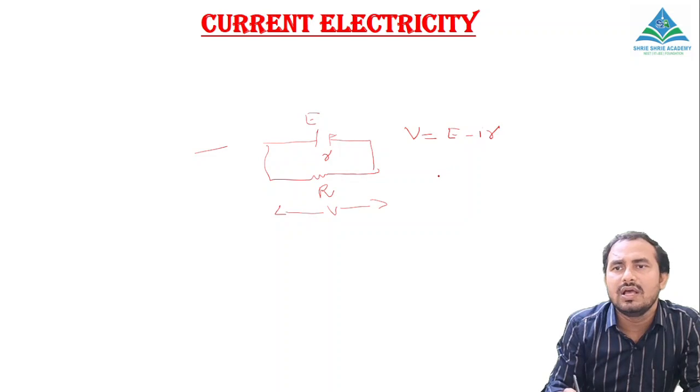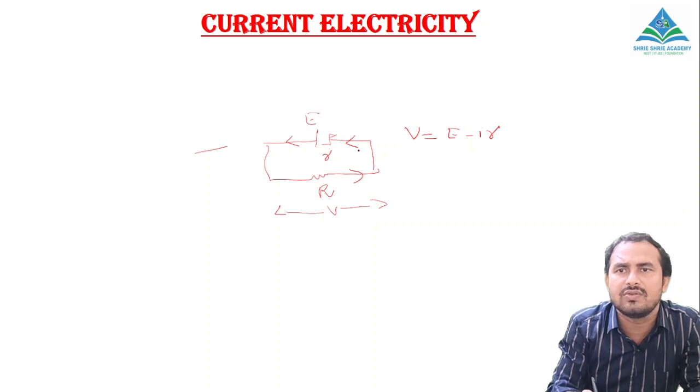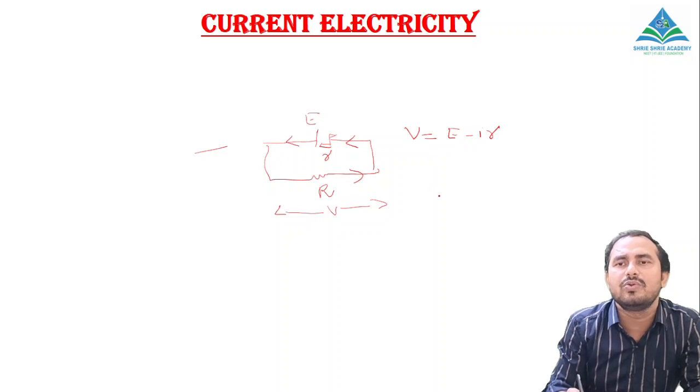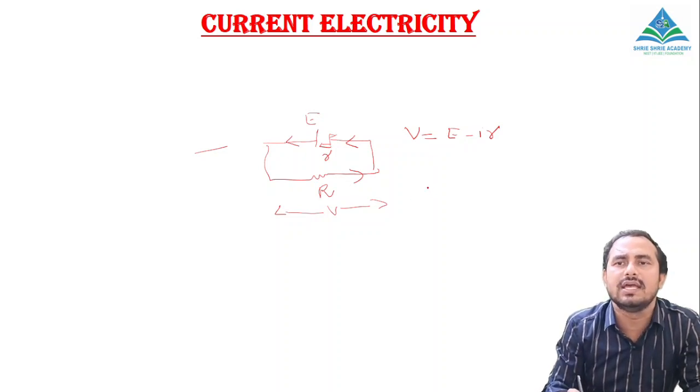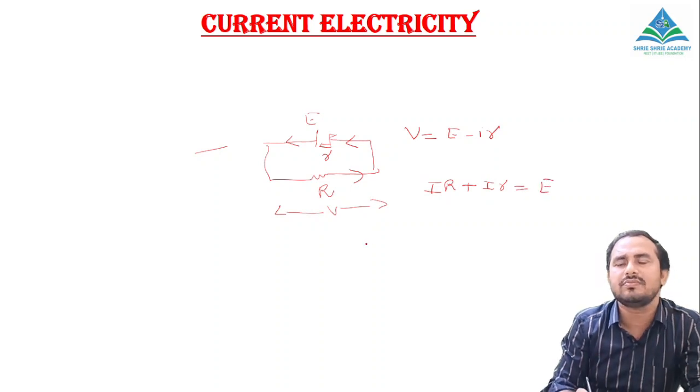Here the total current passes through the internal resistance also, inside the battery. So the external voltage is I into capital R, and the internal voltage is I into small r. That is not the terminal voltage, that is the total EMF.